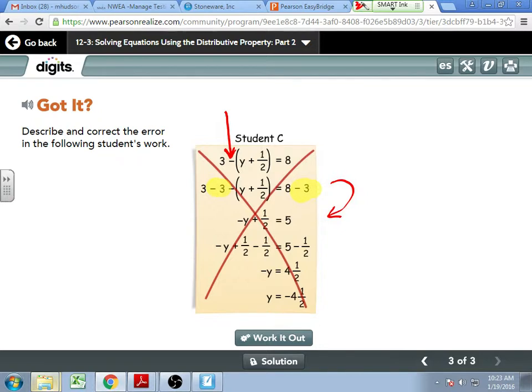They were trying to get rid of the parentheses. So to do that, they distribute. So negative times the y gives me the negative y. Negative times the half, there is their mistake. They needed to distribute the negative sign through the parentheses. So even if there's no number, even if there's just a negative sign, it still has to distribute through the entire thing to both values in the parentheses.